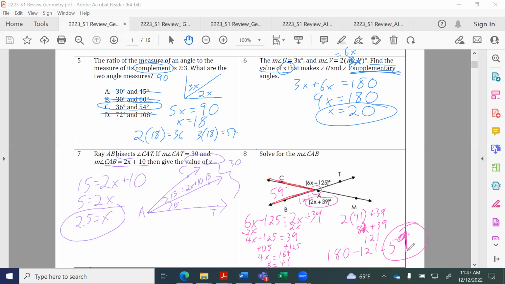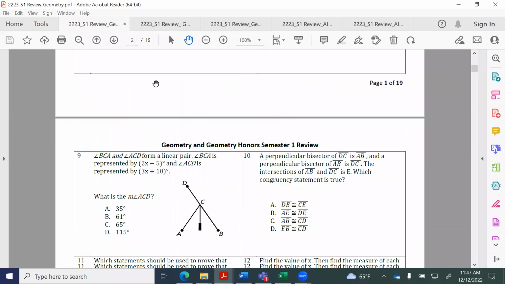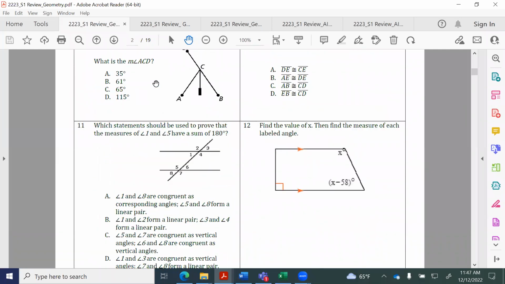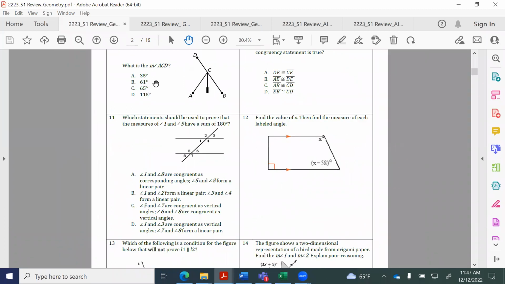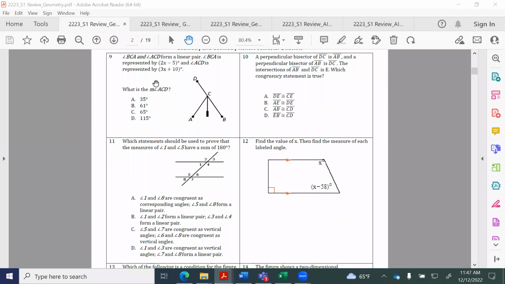Make sure you guys are on the same page, actually. All right, number 9.